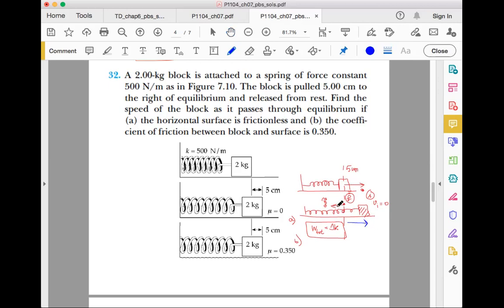What we are interested in is the speed of the block when it passes again through this equilibrium position, which I'm drawing in red and in blue, in dashed line. When the block passes again through this equilibrium position, what would be its speed? Since we are dealing with a problem where you have to find the speed, that means that we have to find some kinetic energy, right?